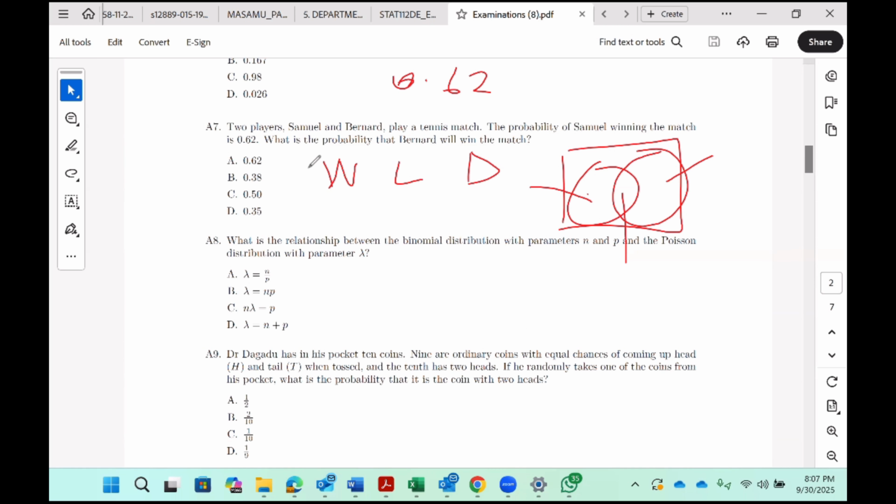There was no draw. So we'll go in for the B, where you subtract the complement from that, which will be 0.38. If they were to give us the possibility of a draw, then we would be able to get the complement of that. So here they were only looking at winning and losing, without the draw. So thank you.